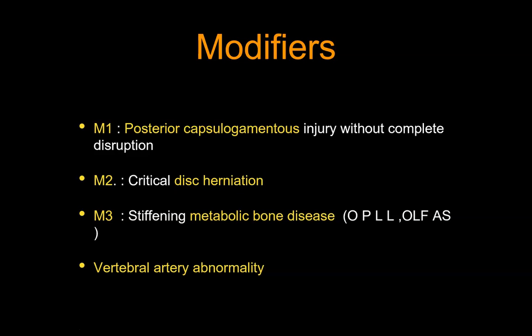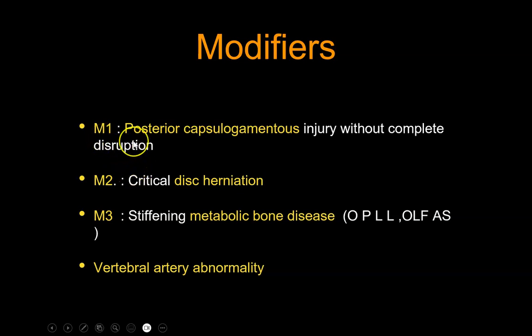And modifiers, there is, if it is posteriorly capsuloligamentous injury without complete disruption. So sometimes you get posterior affection of the facet joints, of articular facets, ligaments of the anterior or cutting of the interspinous supraspinous ligament, but without complete disruption, M1.